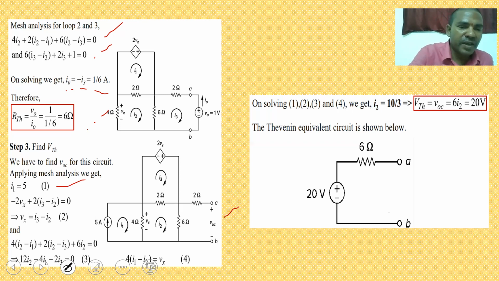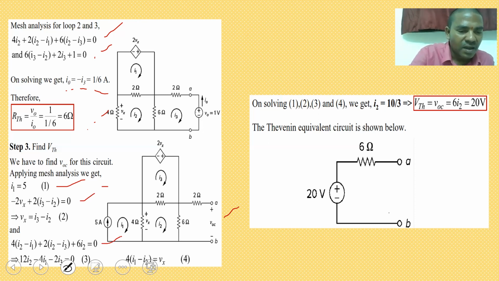The second loop is minus 2 Vx plus 2 times (I3 minus I2). So that is your second equation. From this, Vx is equal to I3 minus I2. Then the third loop equation is 4 times (I2 minus I1) plus 2 times (I2 minus I3) plus 6 times I2 is equal to 0.